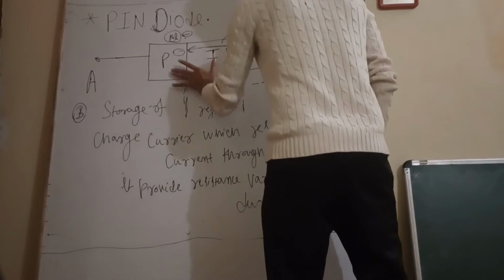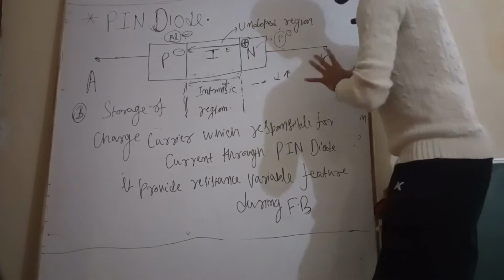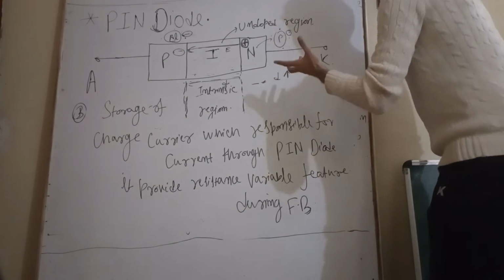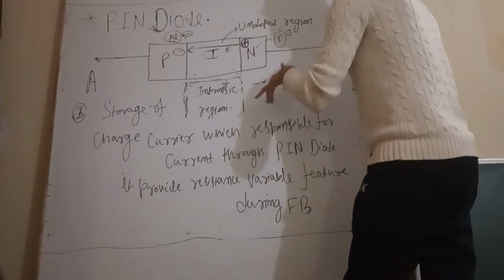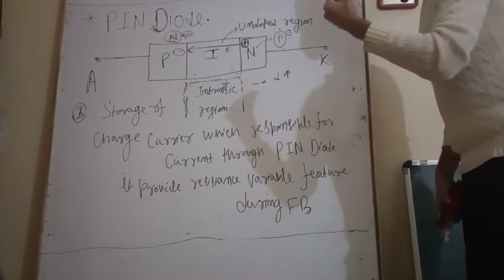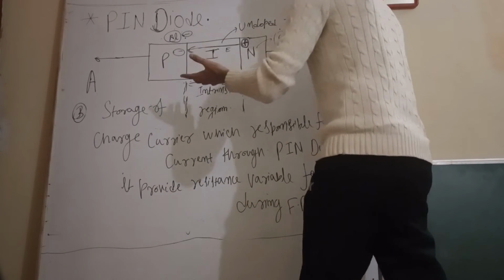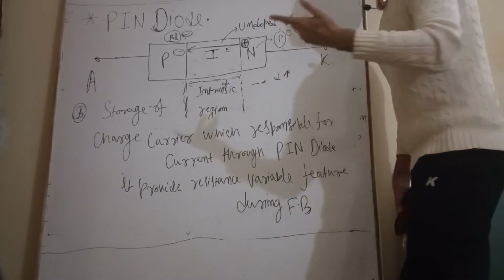Now we have seen three features. First, this PIN diode is able to process weak signals. Second, it provides high speed switching, which is suitable for high frequency applications, and hence it is appropriate for microwaves.